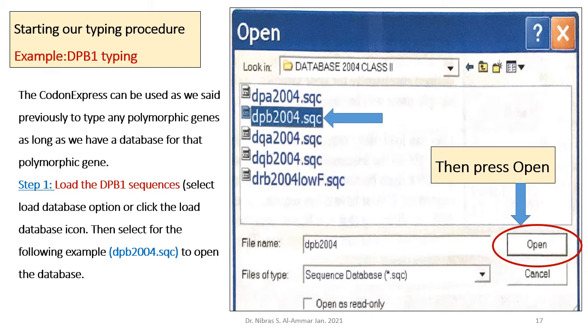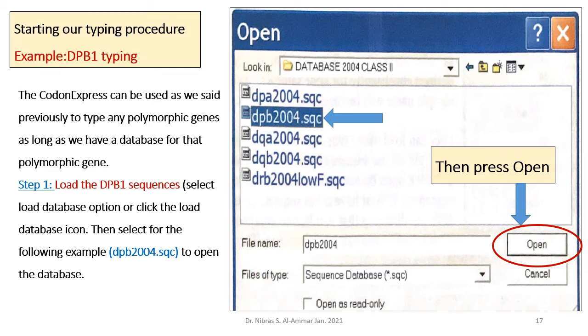Step 1. Load the DPB1 sequences. Select Load Database option or click the Load Database icon. Then select for the following example DPB 2004 sequence to open the database.